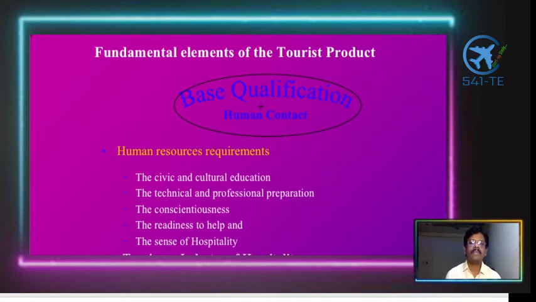Right. So the basic qualification plus human contact are the human resource requirements, like civic and cultural education, the technical and professional preparation, the consciousness, the readiness to help, and the sense of hospitality. So these are the various aspects of derived attractions on the destinations.